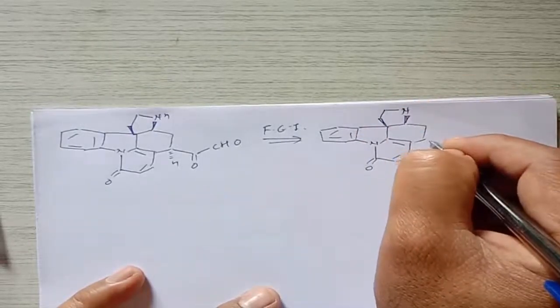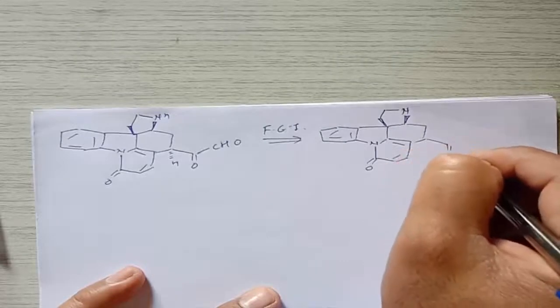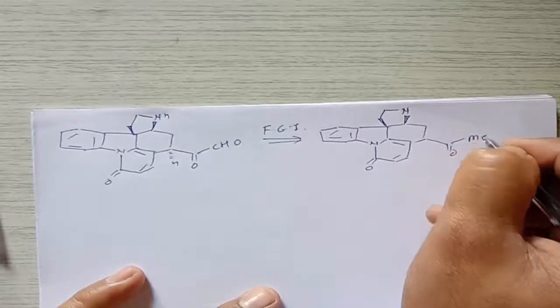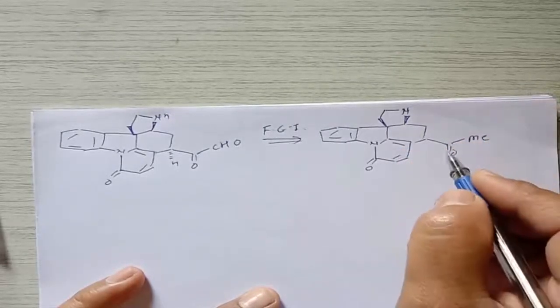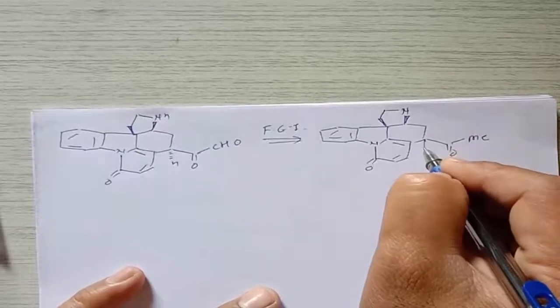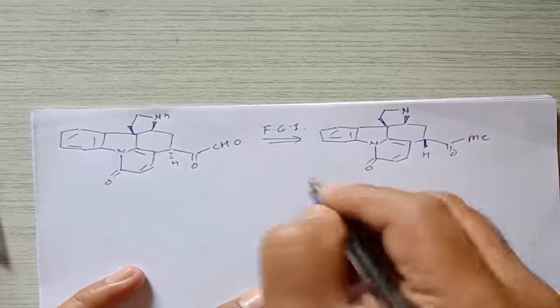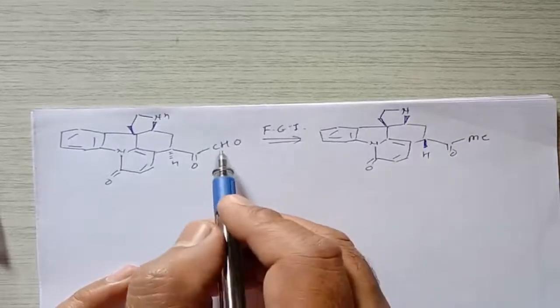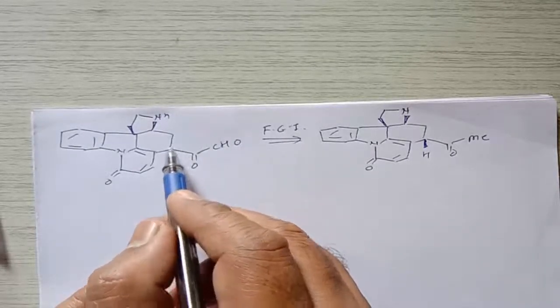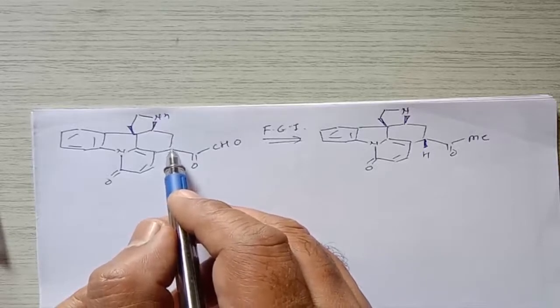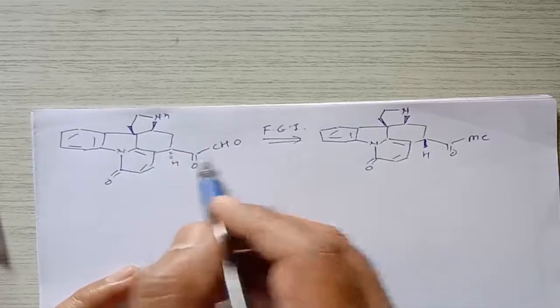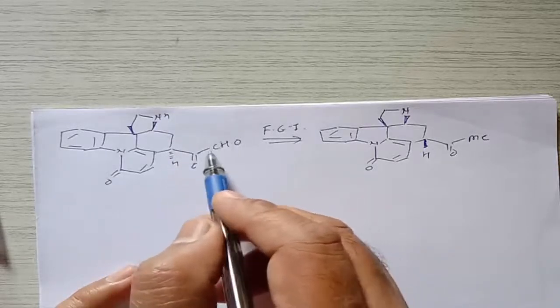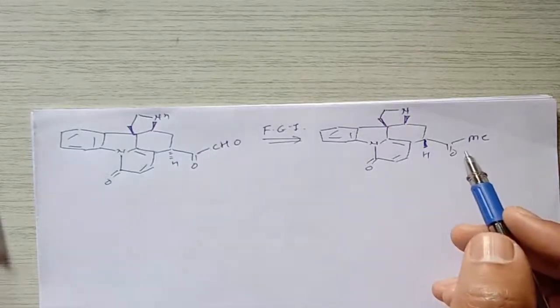And here we get a carbonyl group, and this is a methyl, right? Then the hydrogen which is below the plane becomes above the plane, and we get this molecule, right? So what we do here is the isomerization of this hydrogen, as well as replacing this CHO group by the methyl group.